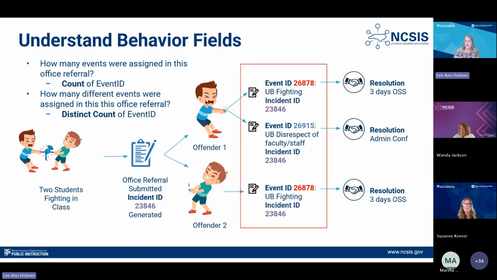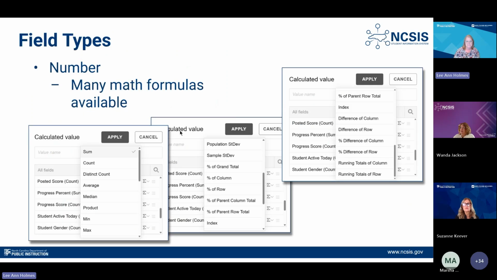They have 2. How many events does this one have? They have 1. So it's 2 for the 9th grade, and it's going to add 1 for the 10th grade. It's always going to aggregate your data according to the students that are in your actual data. So always make sure that you check, and I'll show you how to do that as you're checking your data.